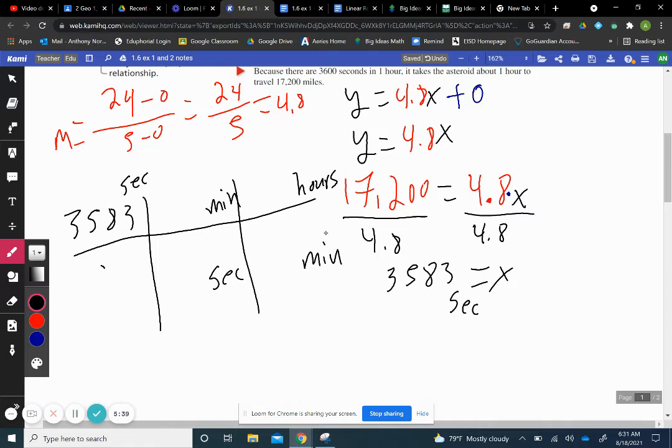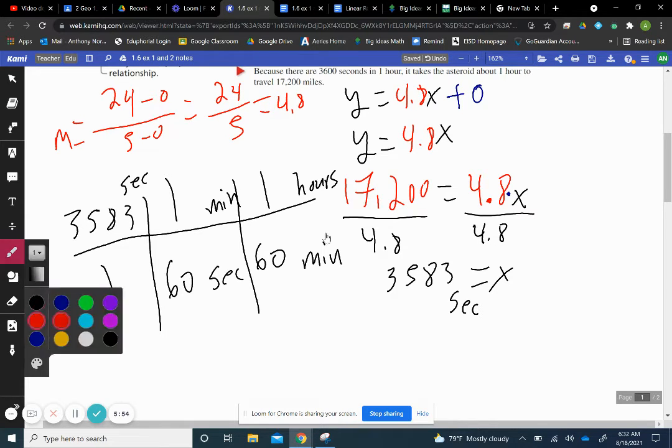We always put the given unit over 1. So if we have minutes to seconds, how many seconds are in a minute? There's 60 seconds in 1 minute. How many minutes are in an hour? There's 60 minutes in 1 hour. So if we look, the units will cancel out and we're left with just hours.